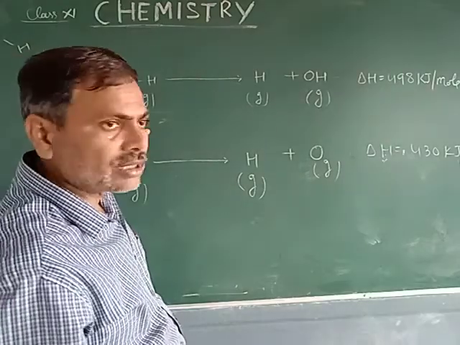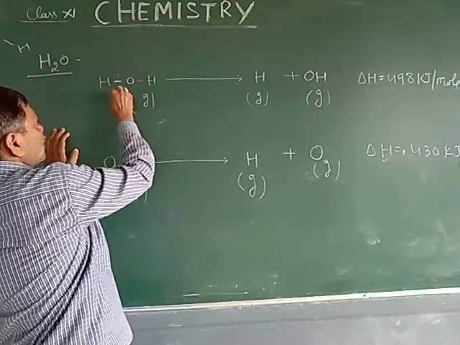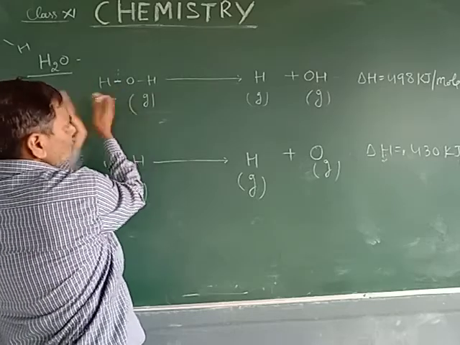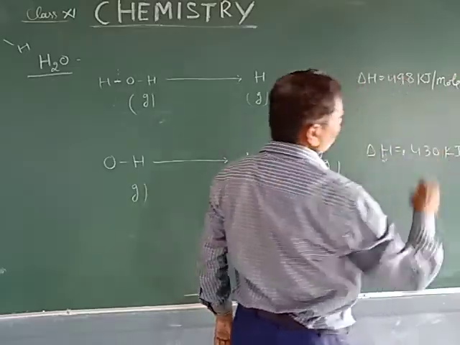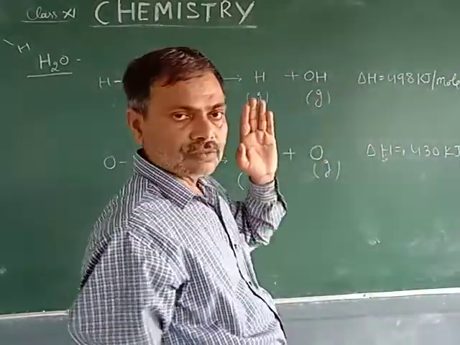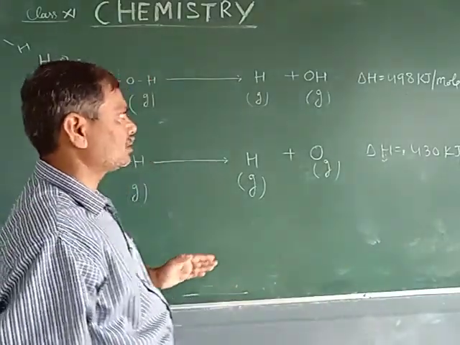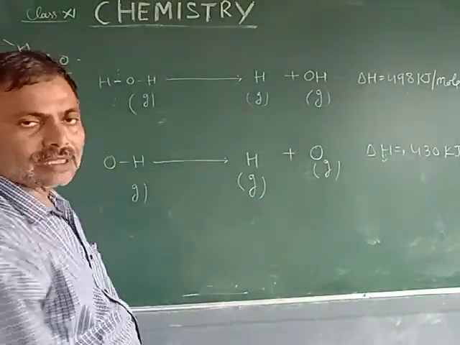In the water molecule, in the gaseous state, when this bond is broken and hydrogen is released, 498 kilojoules per mole of energy is required. For breaking the first hydrogen atom, 498 kilojoules per mole of energy is required.